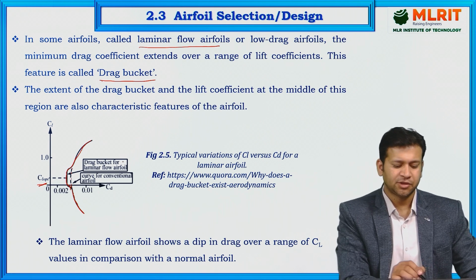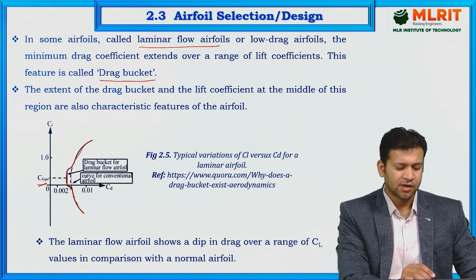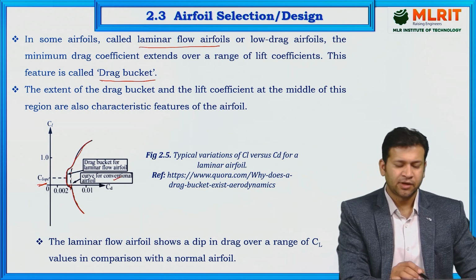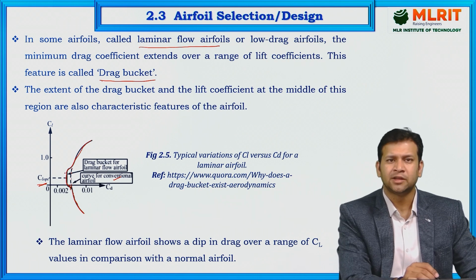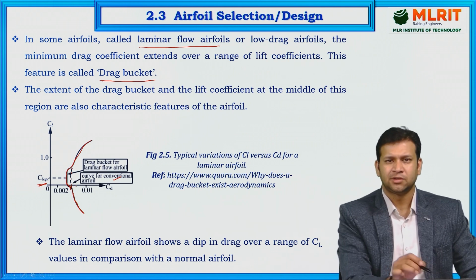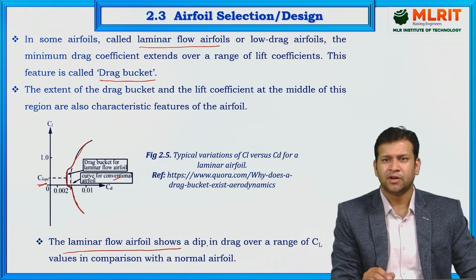So this formation is called drag bucket for laminar flow airfoil, and if it is a regular curve, that is for any conventional airfoil. This drag bucket will form only for laminar airfoils or low drag airfoils. The laminar flow airfoil shows a dip in drag over a range of CL values in comparison with a normal airfoil.